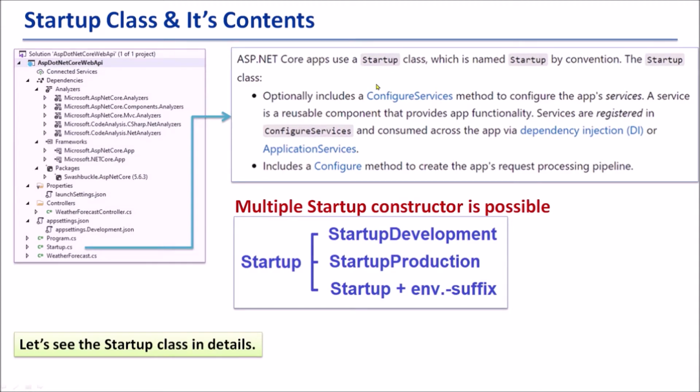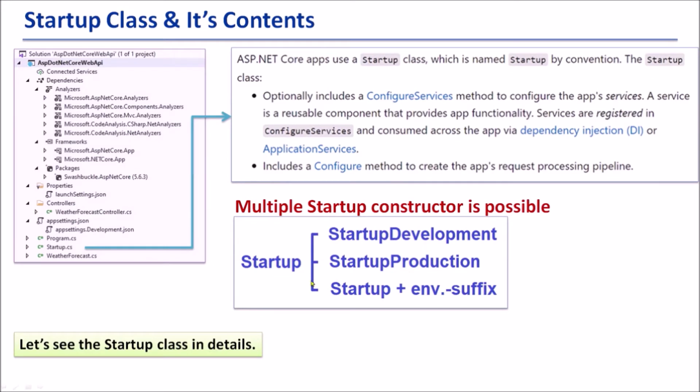A service is a reusable component that provides app functionality. Services are registered in ConfigureServices and consumed across the app via dependency injection or ApplicationServices. The Startup class also includes a Configure method to create the app's request processing pipeline.